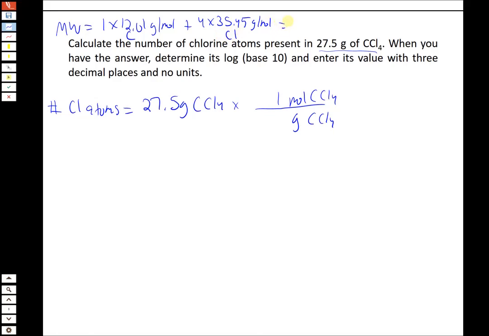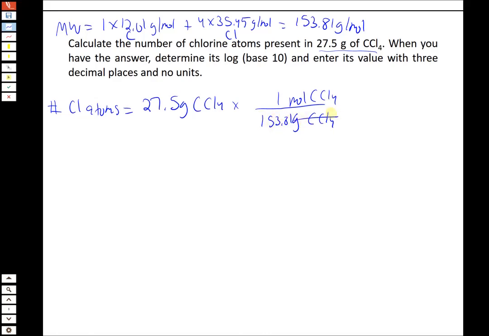And so when we add those together, we get 153.81. So that's going to be the first step of our calculation, is using the molar mass of CCl4 to convert grams into moles.